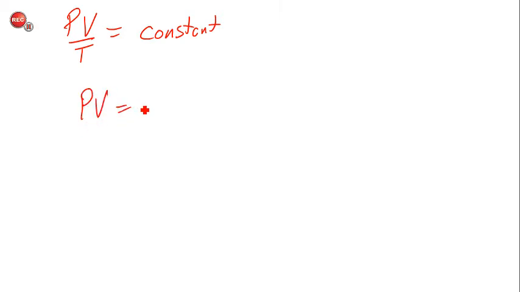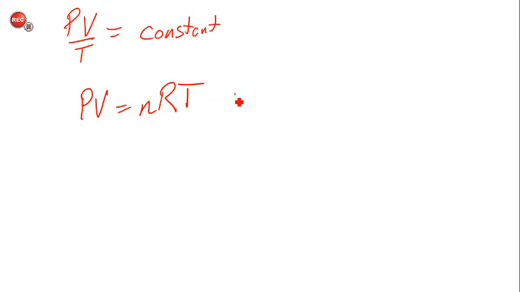All right, so we had this relationship, PV over T is a constant. Now, this also has to be related to the number of particles in some way, or the number of moles of a gas, and a constant. And so this is where you get the form of the equation that you sometimes see. PV is nRT.